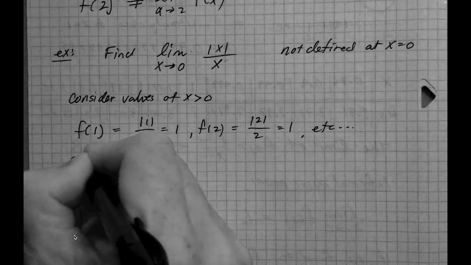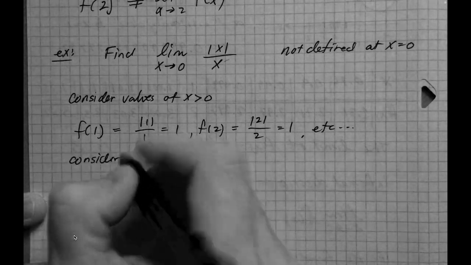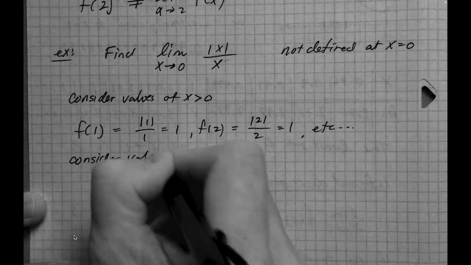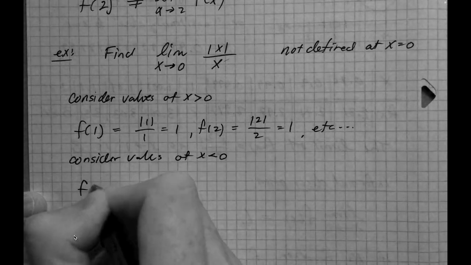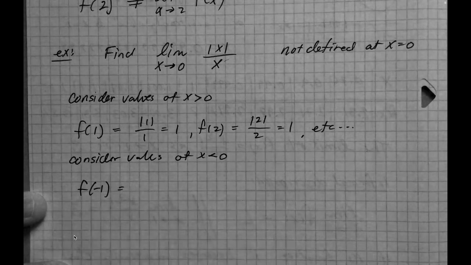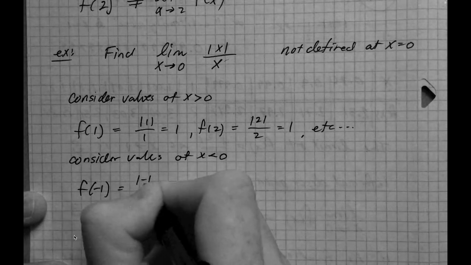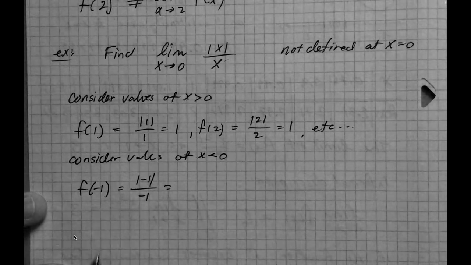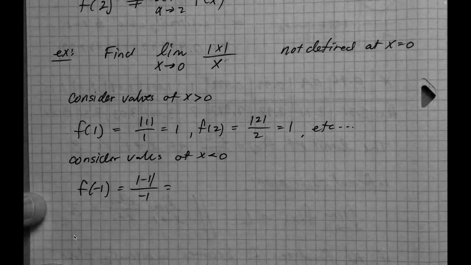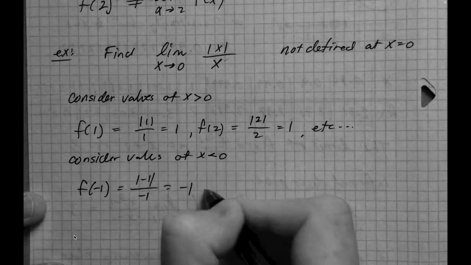What about below 0? Values of x less than 0. Right, so there we'd say something like f of -1, for example. Well, that's the absolute value of -1 divided by -1. Now, what is that? Well, the absolute value of -1 is 1. Divide that by a negative value, and you get a -1.